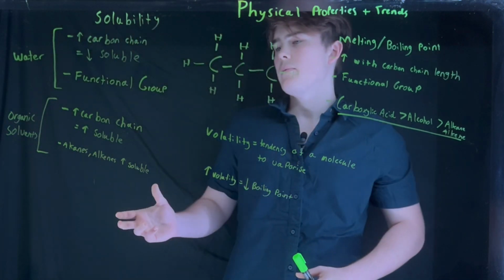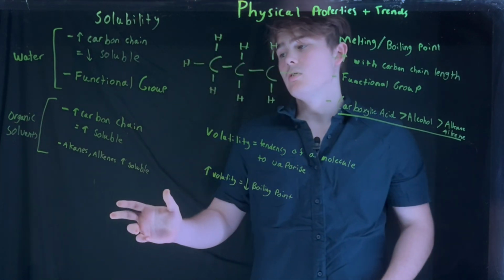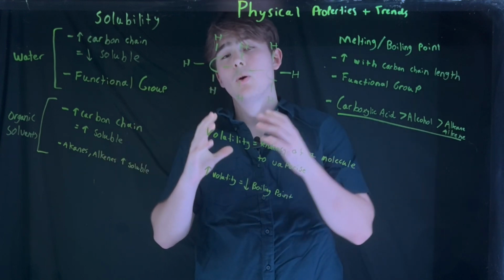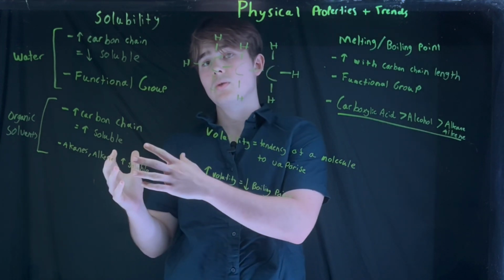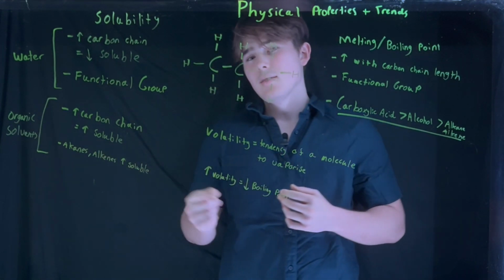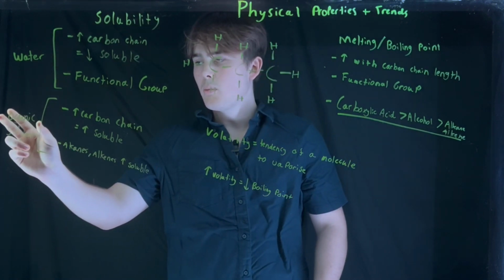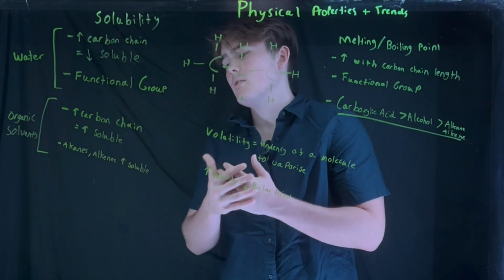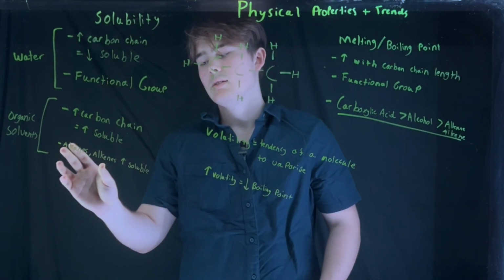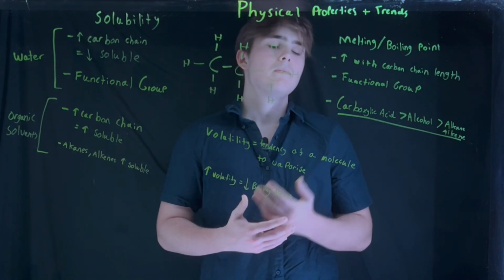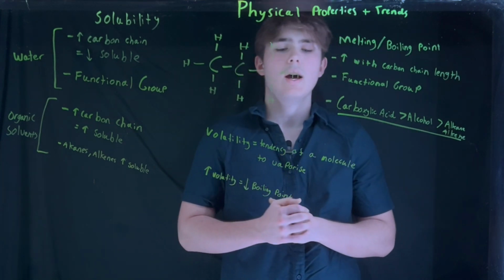So the reason why this happens, the reason why it's true, is that non-polar molecules dissolve non-polar molecules and polar molecules dissolve polar molecules. So for this one here, we have a non-polar organic solvent, and alkanes and alkenes are typically non-polar or less polar than a carboxylic acid or an alcohol.